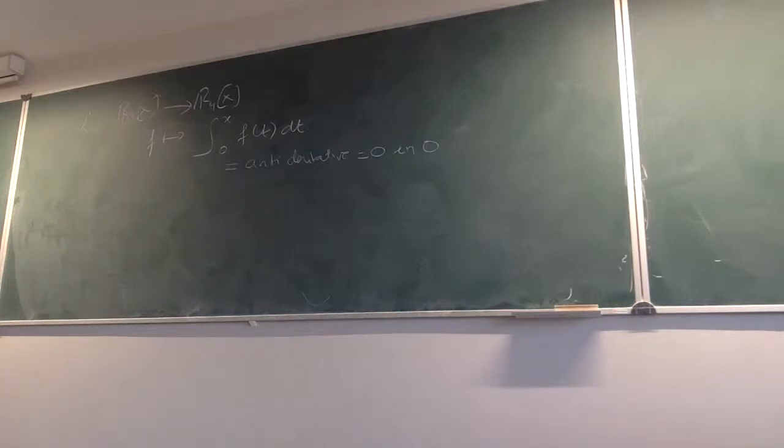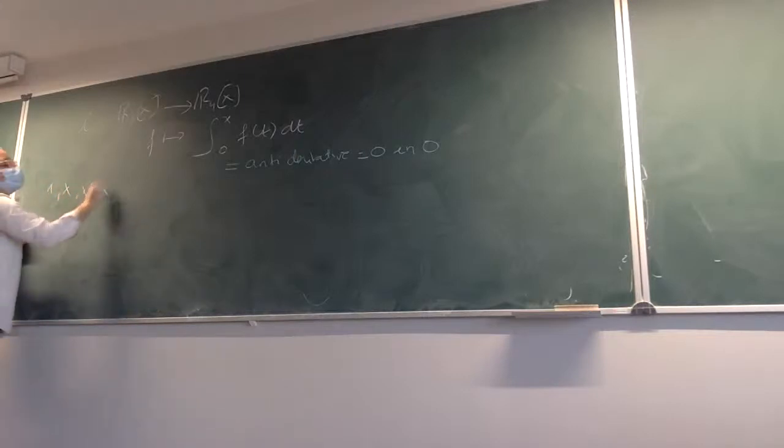Okay, so let's do the matrix quickly. If I want to do the matrix, I have to take the image of each element of the standard basis. Standard basis of R3[x]: 1, X, X2, X3.